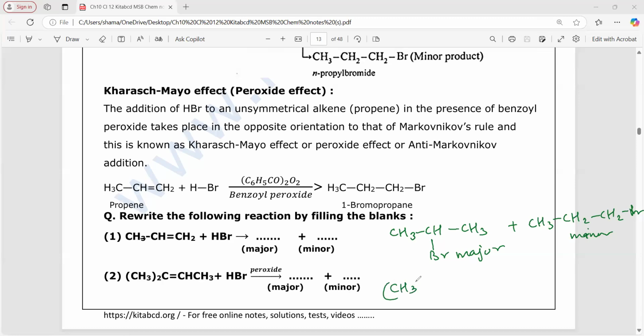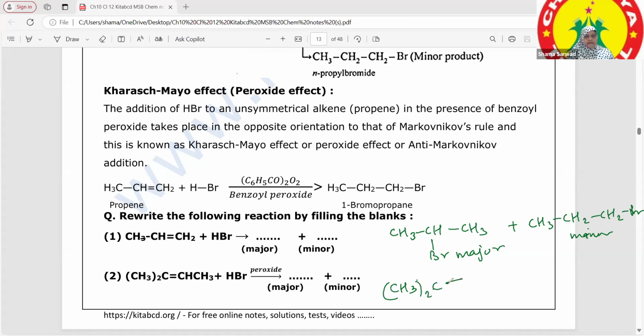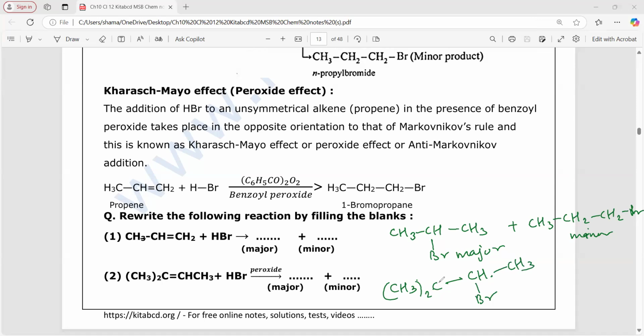Ma'am, it attaches to the first carbon. Are you sure? The one with more number of hydrogens, right? The last one, ma'am. Yes, correct. CH3, CHBr, CH3, and one more hydrogen to balance the valencies.